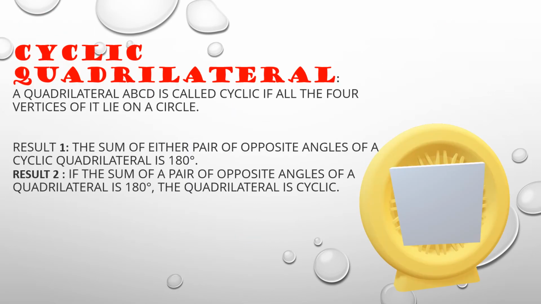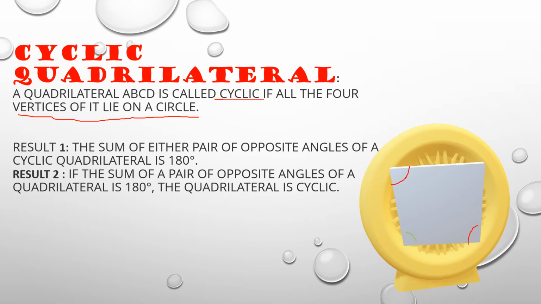Next we have the cyclic quadrilateral. As is clear from the name, the quadrilateral is in the circle. A quadrilateral is called cyclic if all four of its vertices lie on the circle. We have two results for this cyclic quadrilateral. The sum of either pair of opposite angles is 180 degrees. This one and this one give you 180 degrees.